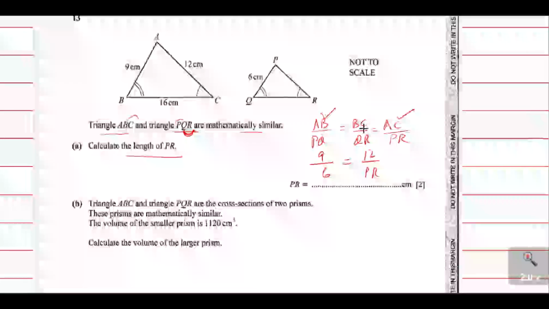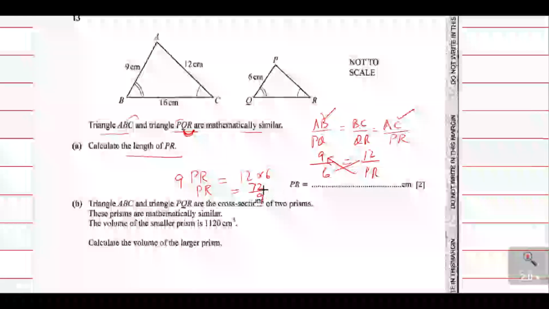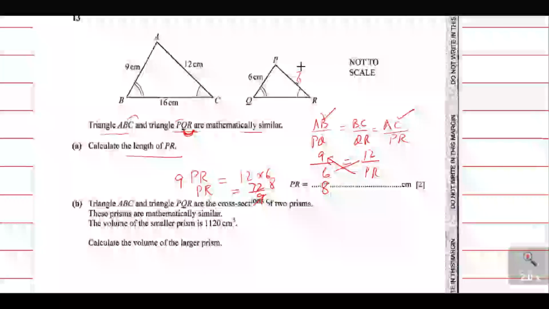We will ignore BC over QR. So 9 times PR will be equal to 12 times 6. We will cross multiply this. And PR will be equal to 72 over 9. 9 times 8 is 72. Therefore, PR is 8 centimeter.